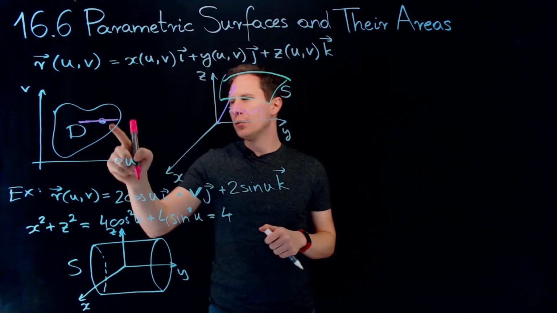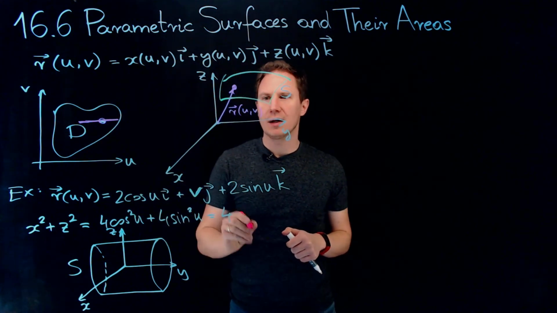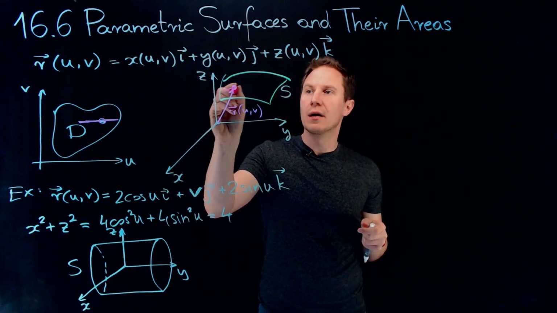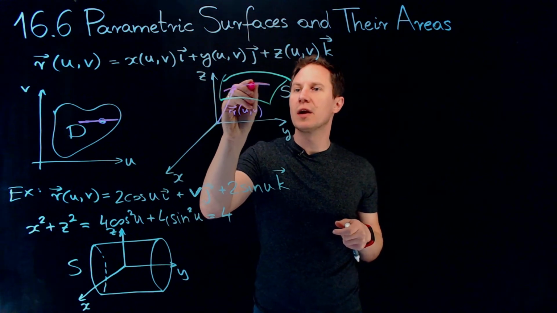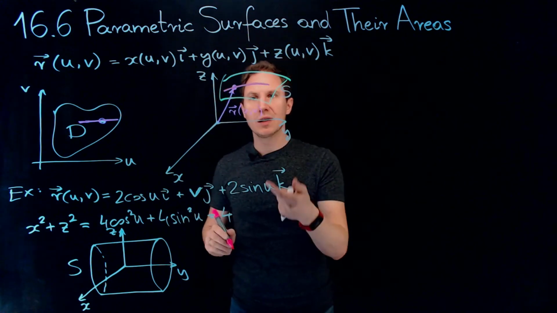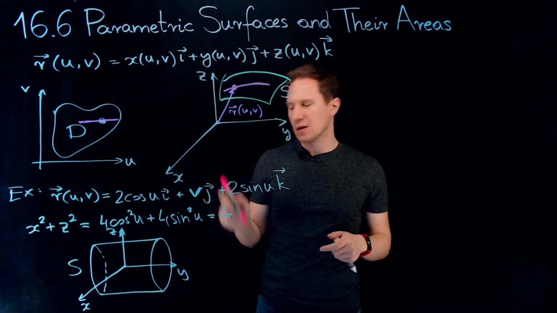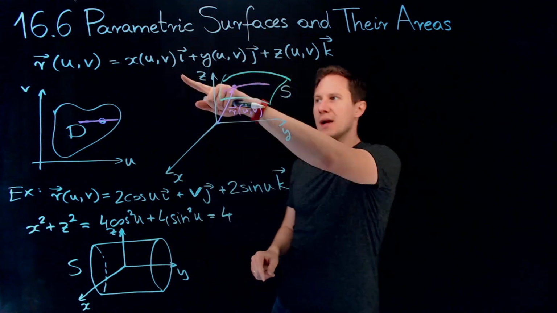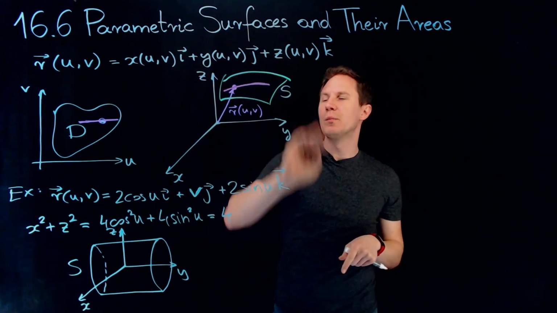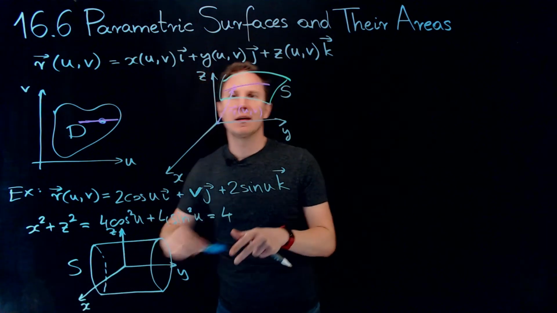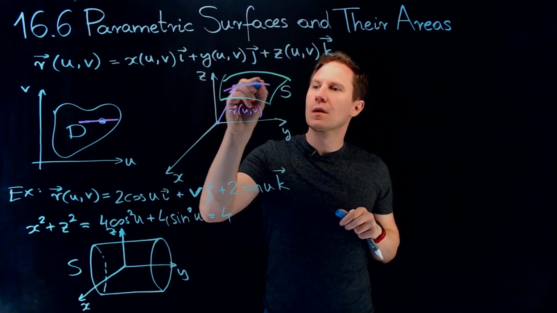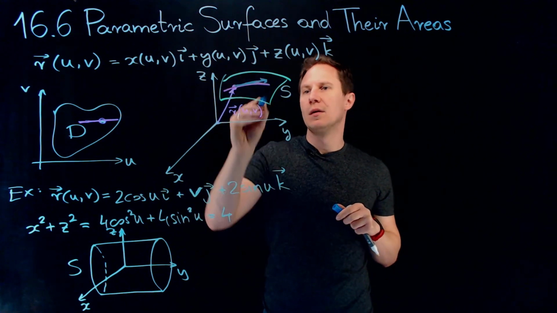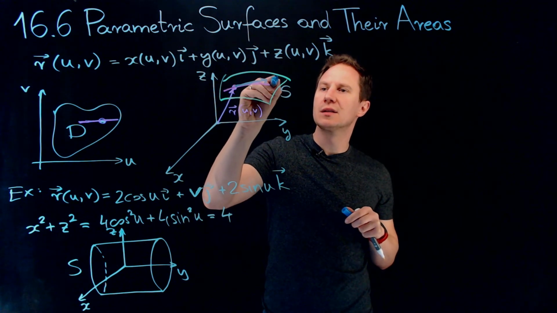The point will move along some curve where u is changing and v is fixed. So when you take the u derivative of this vector function, differentiating each component with respect to u, you get a tangent vector, which would be your r sub u.